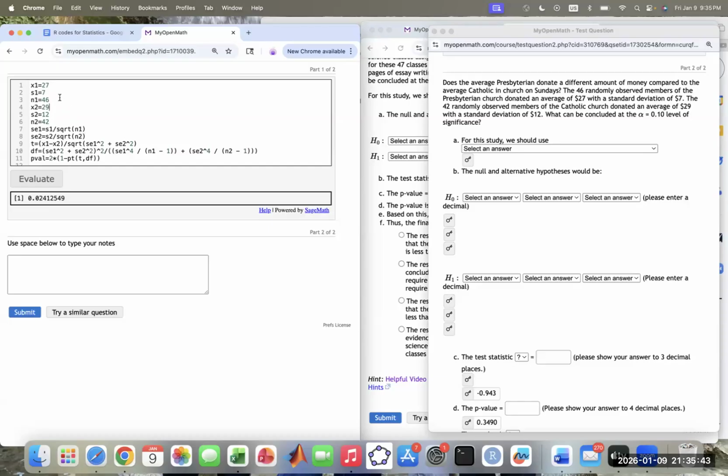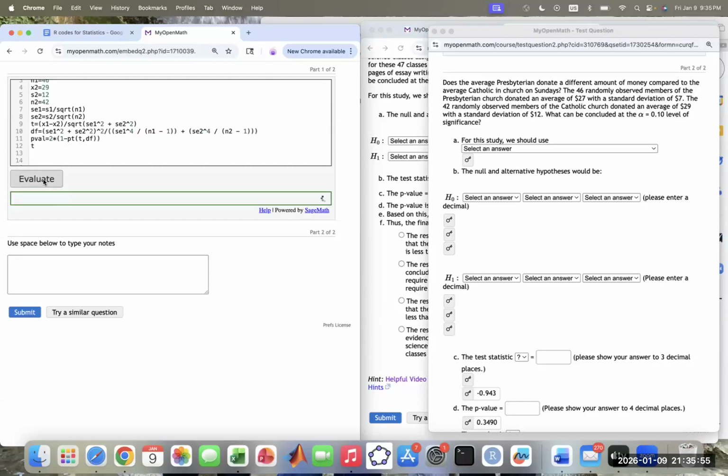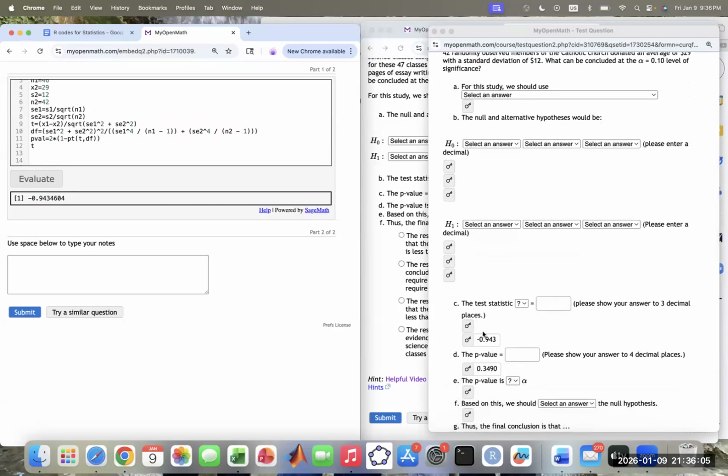Okay. So in this case, T will be negative, because the mean of sample 1 is less than the mean of sample 2. So I have this one negative. Now, if this one is like this, I'm going to copy this right here. You see the answer right here.